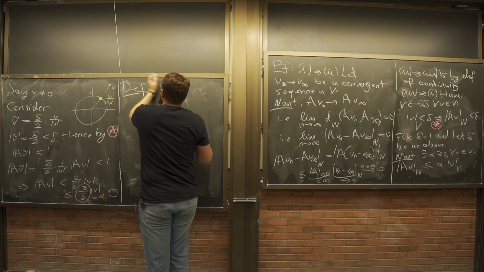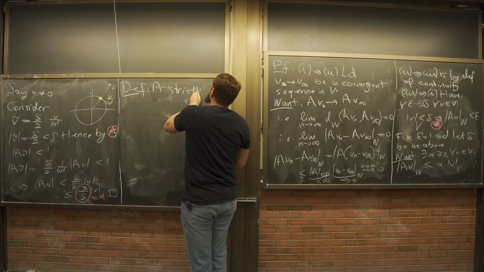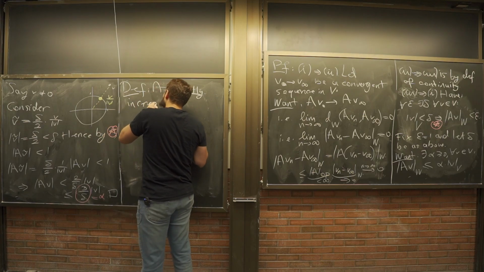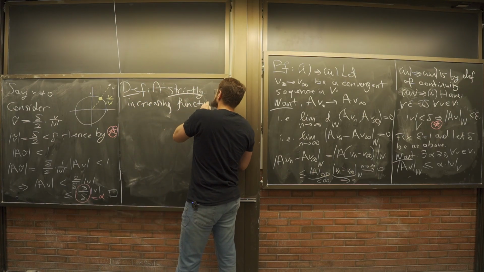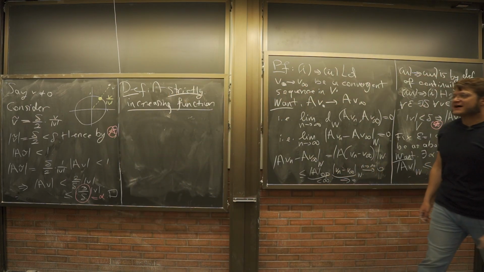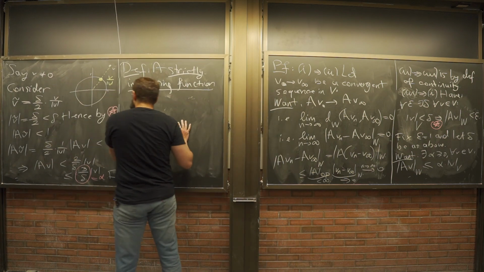So let's say first a strictly increasing function j defined on the non-negative integers, my time variable, so to speak.